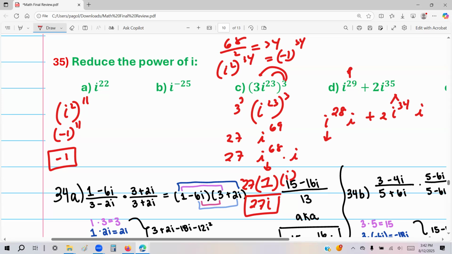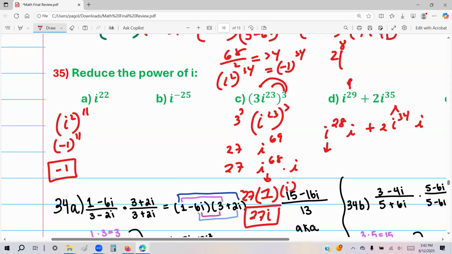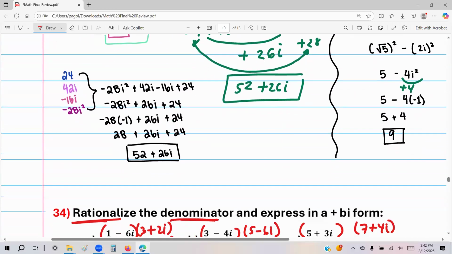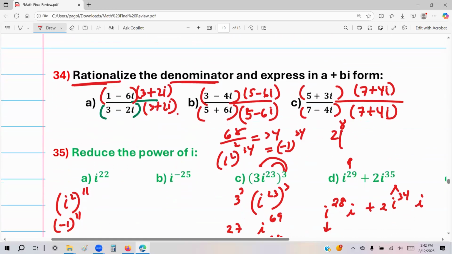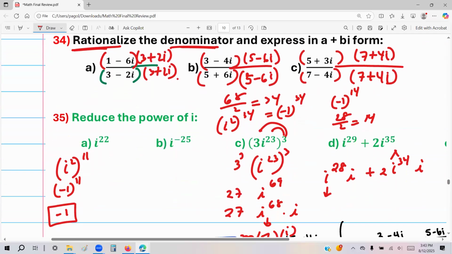Now here, if you divide 28 by 2, what do you have? 14. That means you have negative 1 14 times. What do you get? Positive.